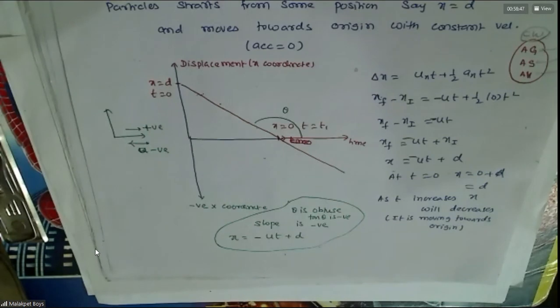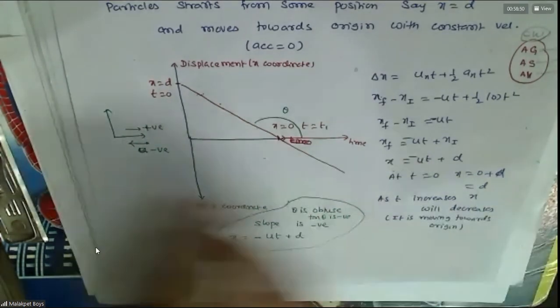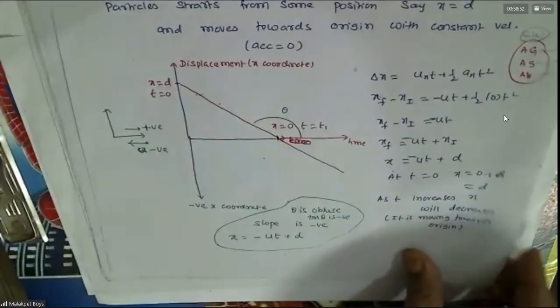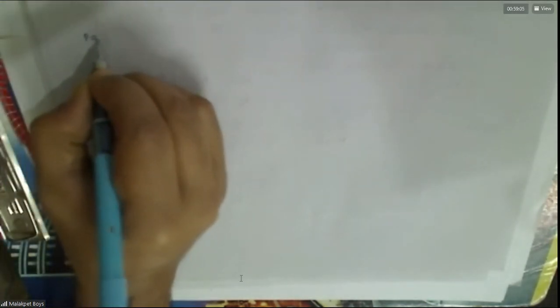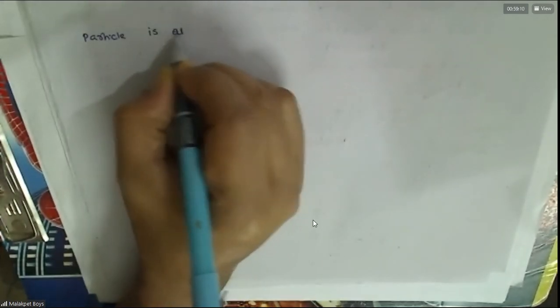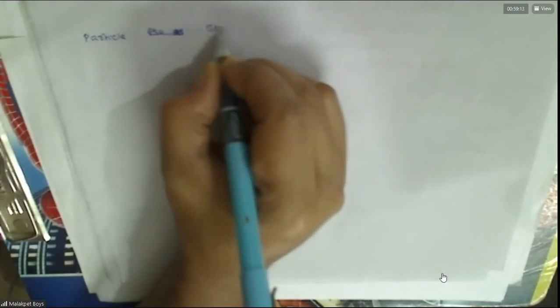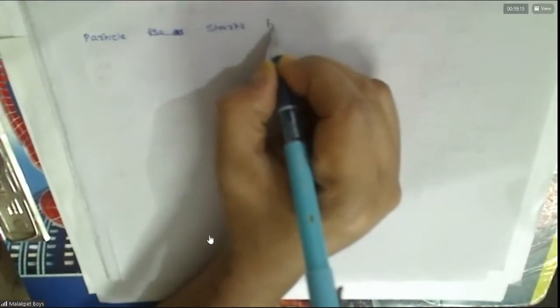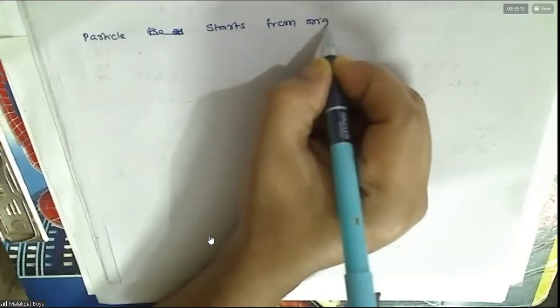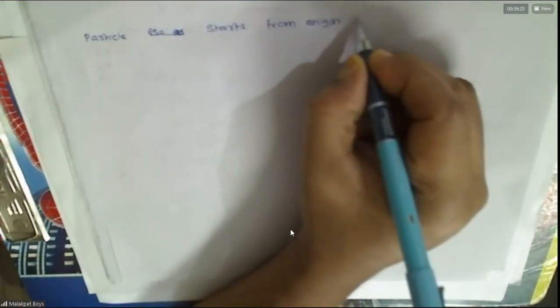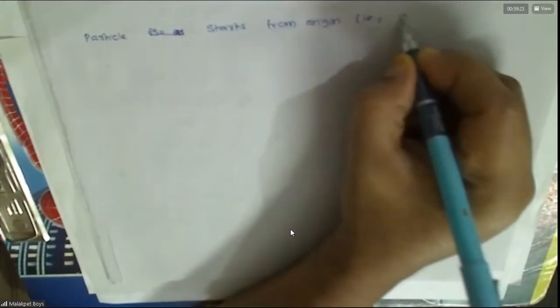Okay, sir. The particle, this side is positive and this side it should be negative, no? Say for example, next particle, that is at the beginning.